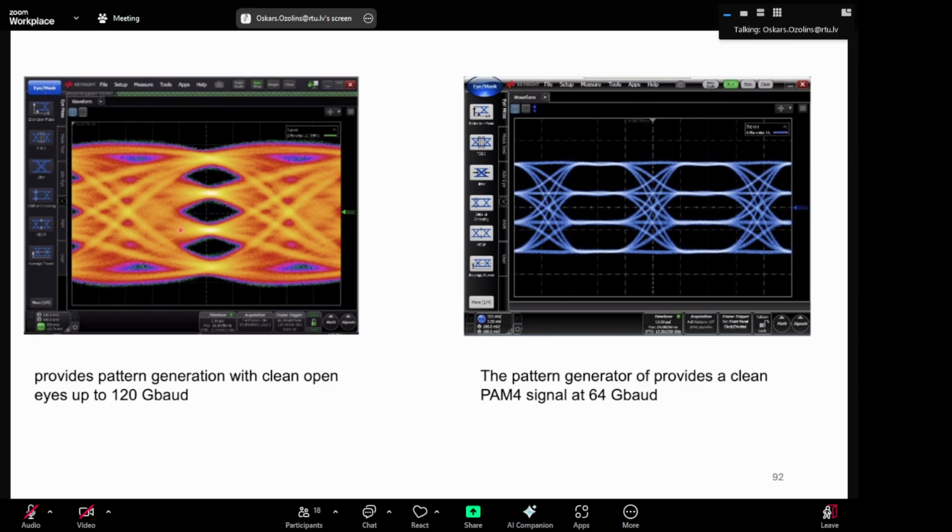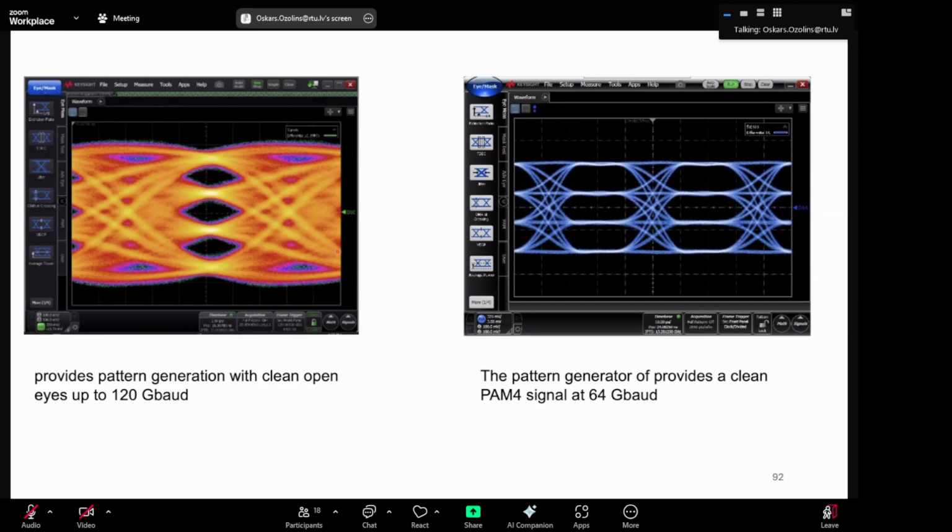One potential thing that can happen is that if we go to a higher speed, as here, it's a 120 gigabaud PAM4 signal, which means it's 240 gigabit per second. It's an electrical signal, and you see the three eye openings.